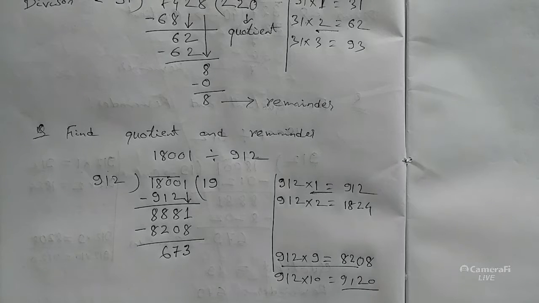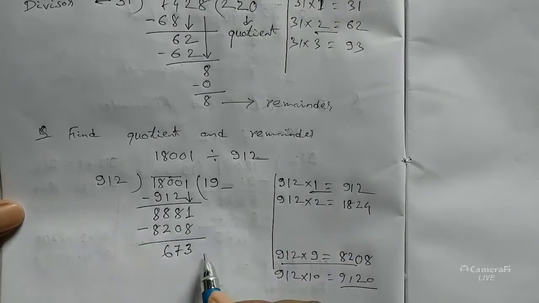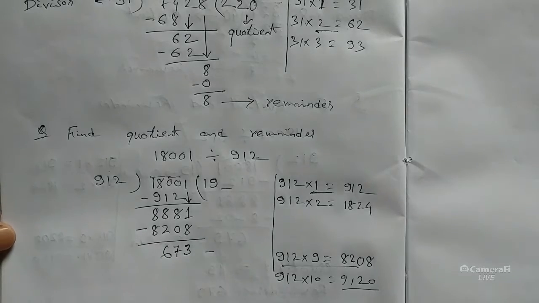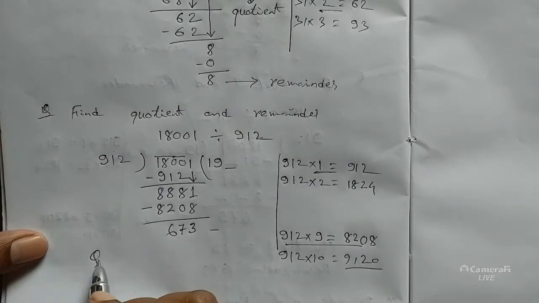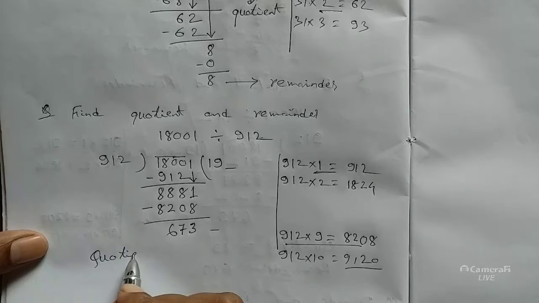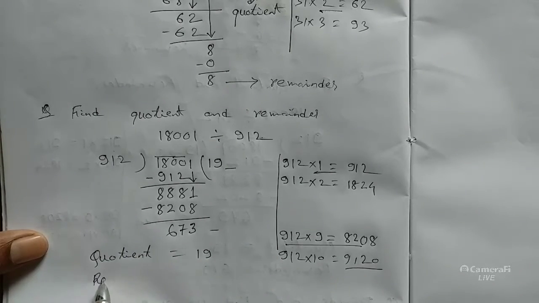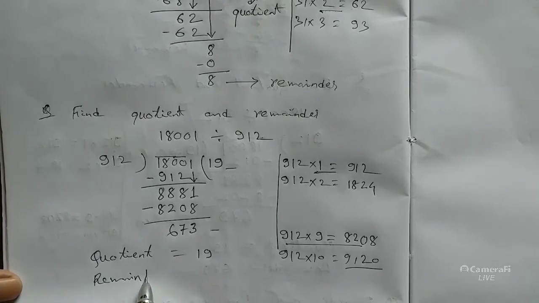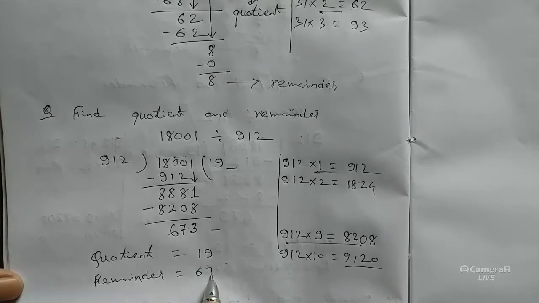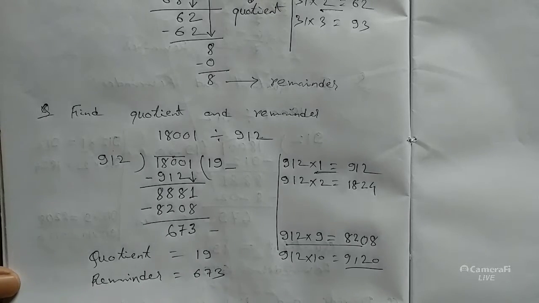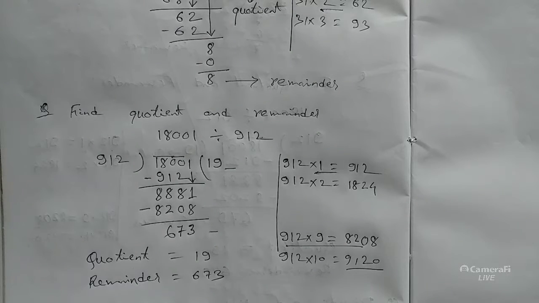Now no more division is possible here, there are no other digits remaining, so this becomes the quotient and this becomes the remainder. Let us write it: the quotient becomes 19 and the remainder 673. So this completes the division.